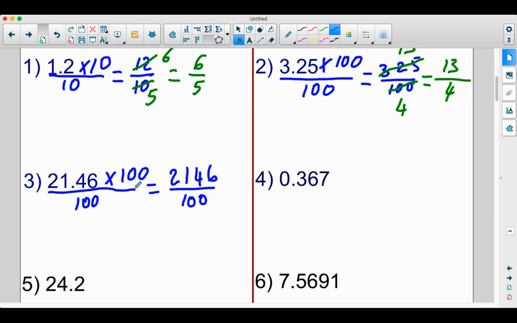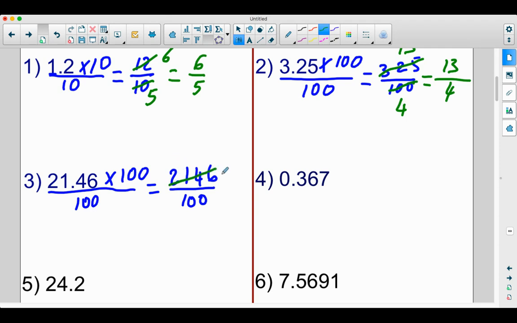An obvious number to simplify it by is 2, since both the numerator and denominator are even, you can simplify by 2.